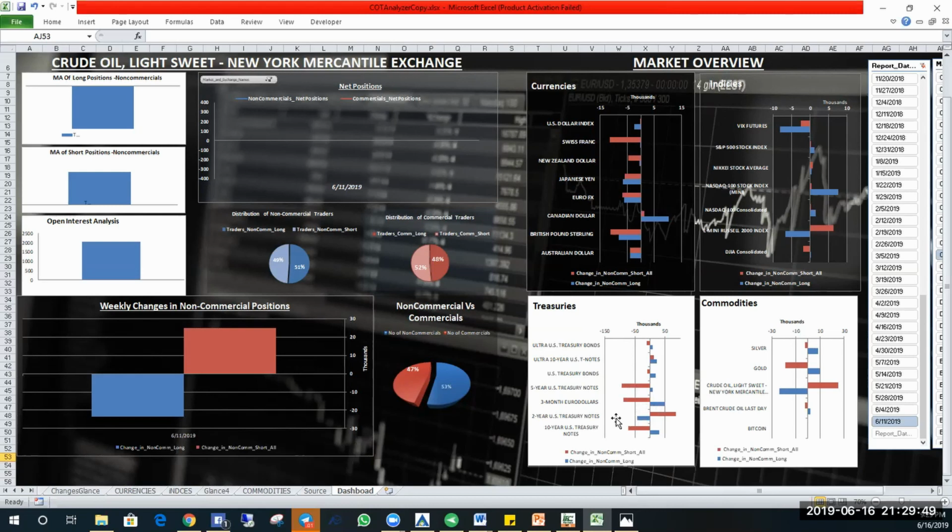I'm seeing a lot of bullish positions on the US treasuries, maybe representing some sort of caution. Usually these are considered less risky assets. So we're seeing money flowing out of most of the currencies and into treasuries. Could represent a risk-off environment where a lot of investors are seeking safe havens.